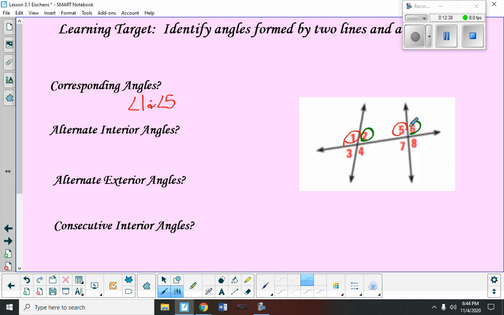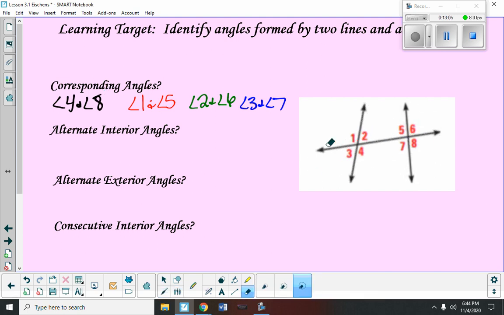Angle 6 over here is above the line and to the right. Angle 3 and angle 7 is below and to the left. And lastly, angle 4 is below and to the right, and 4 and 8. Angle 4 and angle 8. Okay, those are your corresponding angles.